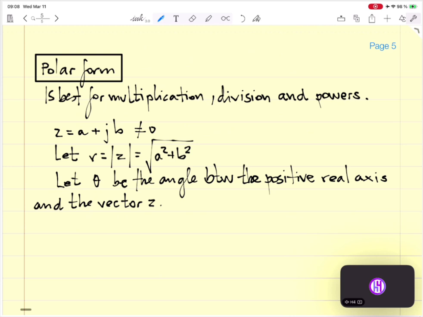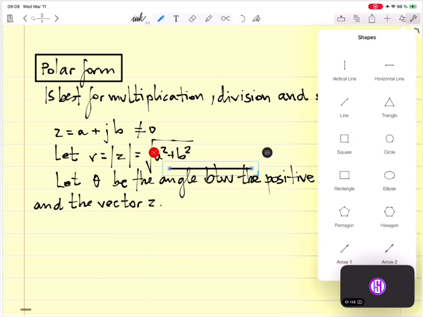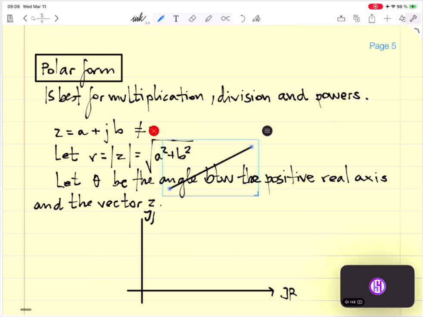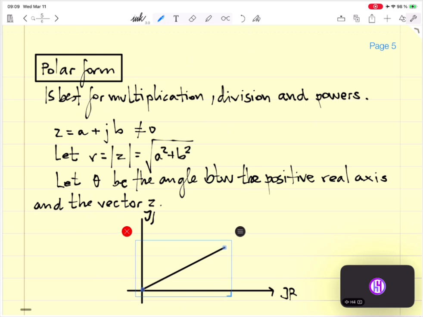So let's paint the polar form in a way that is intuitive. This is the positive real axis. This is the imaginary axis. And we have our little vector here, z, jumping around.